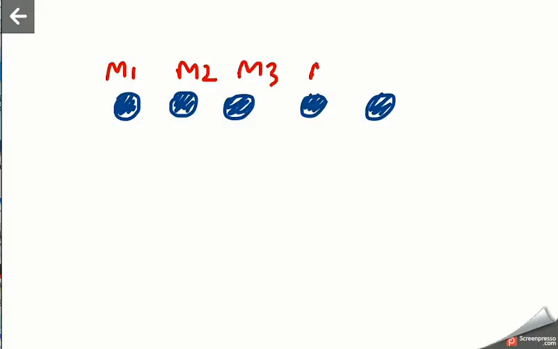Marble 1, marble 2, marble 3, marble 4, marble 5, and I want to choose 3 of these things where this time the order does matter. So I've got 3 spaces to fill, and it matters which one is taken first, which one is taken second, which one is taken third.